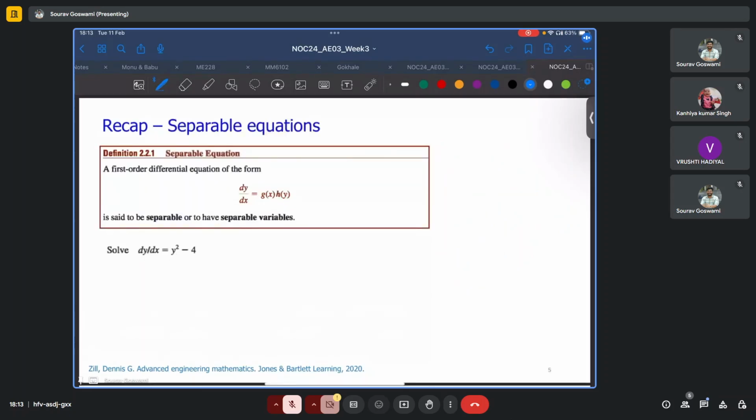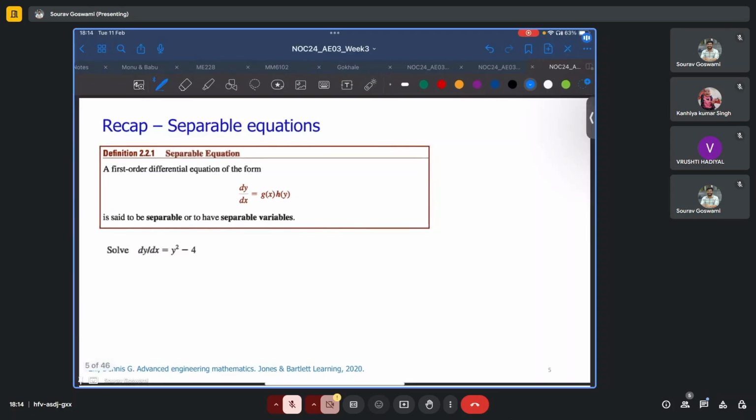Another class of equations is called the separable equations, and as the name suggests, any first order differential equation of the form dy dx equals g(x) h(y) is called separable or having separable variables.